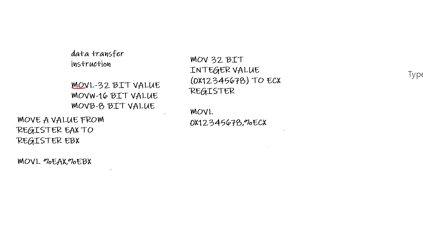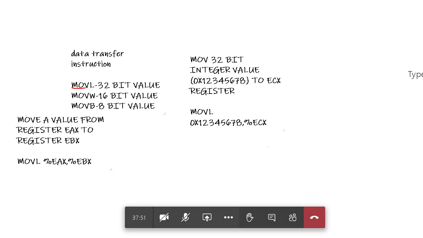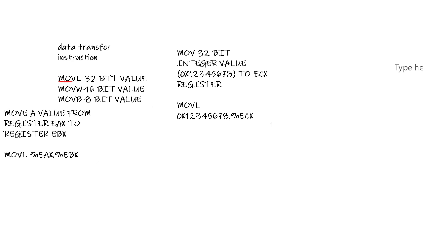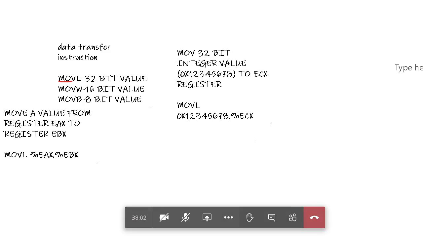After move, I told you, if it is a 32-bit value, we have to use L. If it is a 16-bit value, we have to use W. If it is an 8-bit value, we have to use B. I told you, L stands for 32-bit, W stands for word, which is 16 bits, and B stands for byte, which is 8 bits.